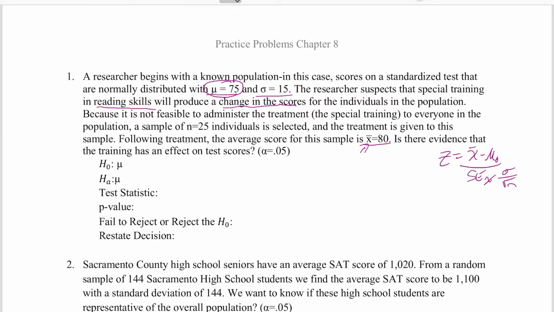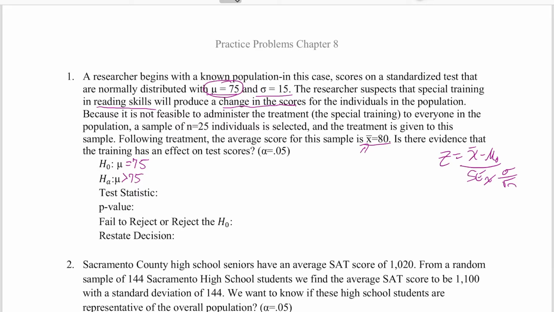So for this one, our null is going to be equal to 75, and we're going to want greater than 75 for our alternative hypothesis. You can make it two-tailed if you wanted to, make it not equal to, but for our purposes right now, when we're going to increase reading scores, the change is probably going to be an increase.